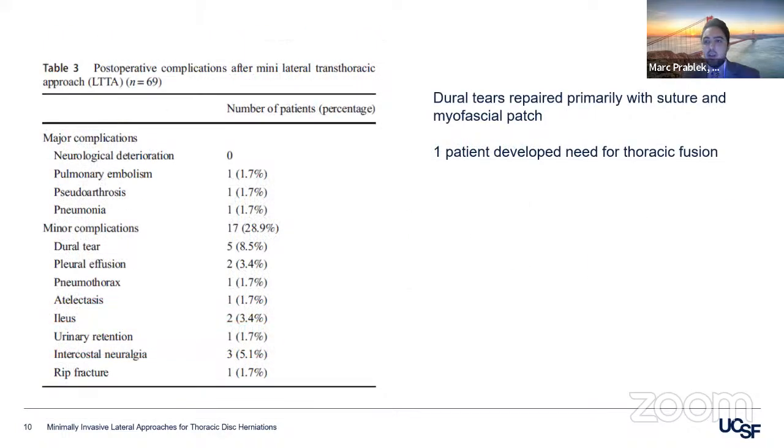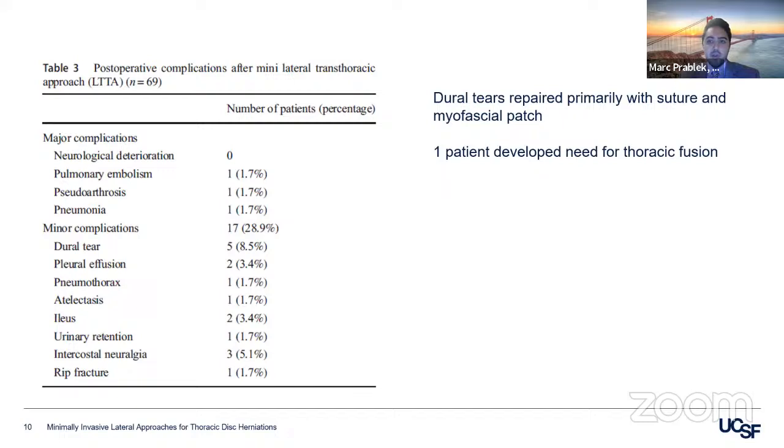And this is the main slide that I think Dr. Allen just mentioned. It shows the complications associated with the procedure. Notably, no patients had neurological deterioration. There was one patient who developed pseudoarthrosis and then needed posterolateral fusion, I think 3 or 4 years after the index surgery, and then a couple patients with a PE and pneumonia perioperatively.